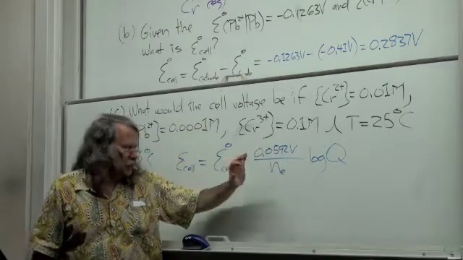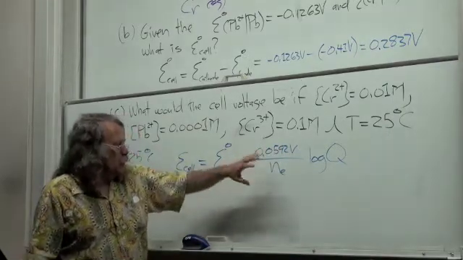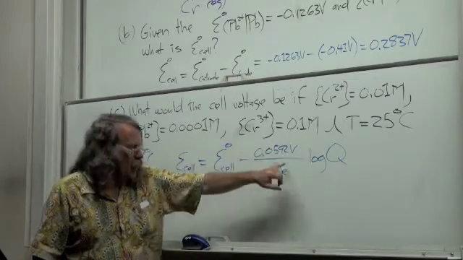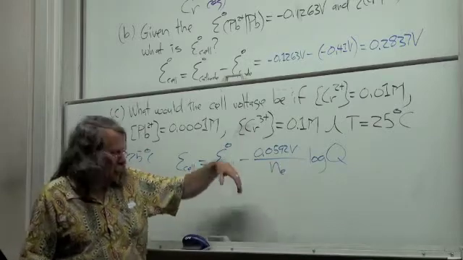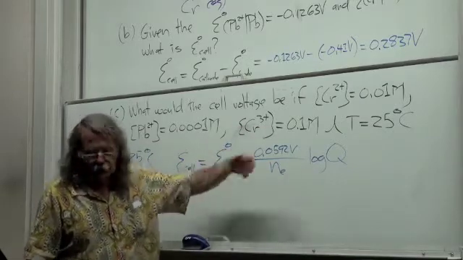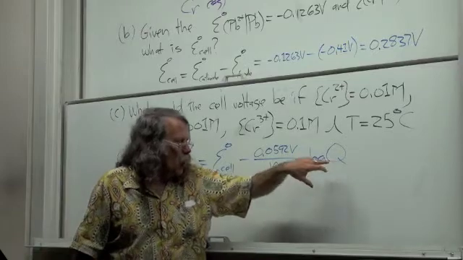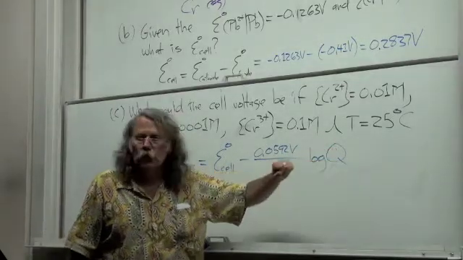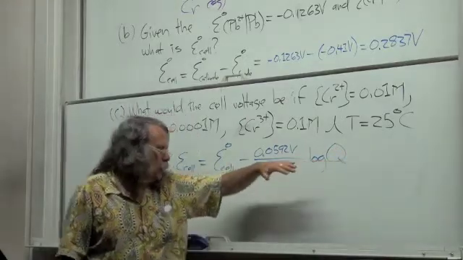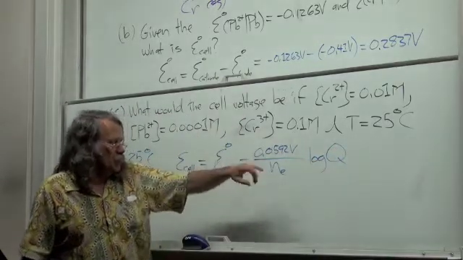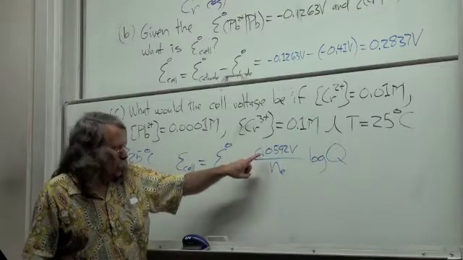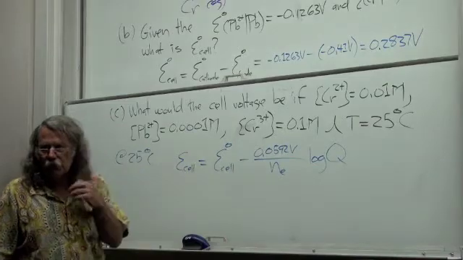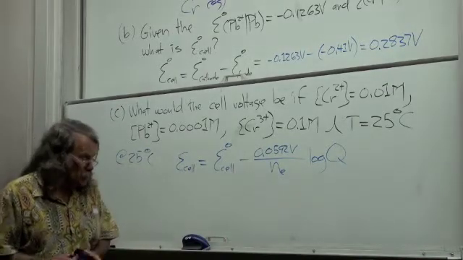Actually it'd be minus RT over nF, where F is a Faraday and R is the gas constant times the temperature, times the natural log of Q. So we absorb the 2.303 times RT divided by a Faraday, and we get 0.0592 volts. This is the most convenient form of this expression, particularly for calculation.